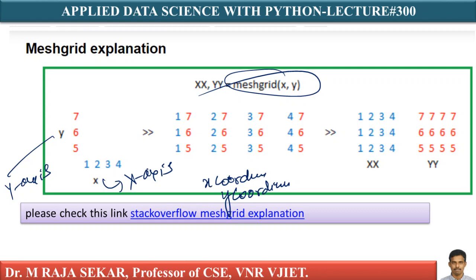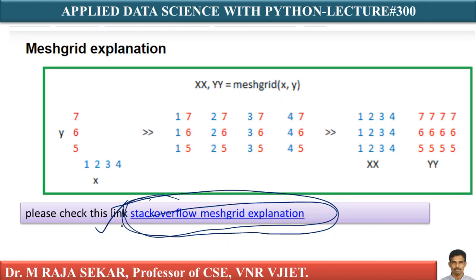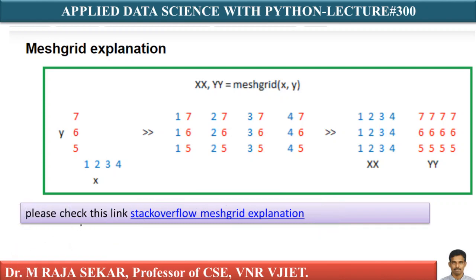Very interesting idea. I request you to go through this particular link, Stack Overflow Mesh Grid Explanation. They gave a very beautiful explanation. This lecture may not permit me to discuss the entire concept explained there, so just go to this link. You can find a very nice explanation about this mesh grid.